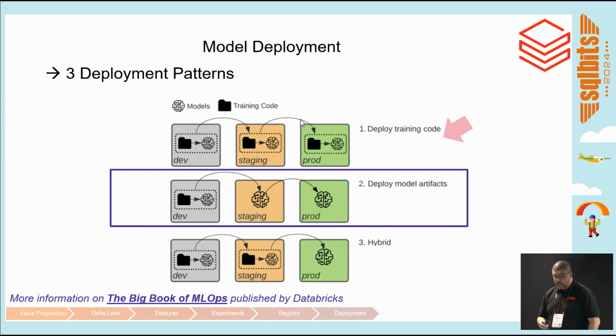However, the recommended approach that we're going to talk about in a little bit is to deploy the code to all the environments. The reason for that is, first, data privacy, you might not have all your data in development, right? Or the data might not have all the fields that you need to train your model in development.